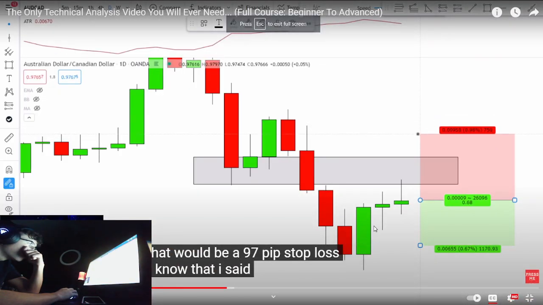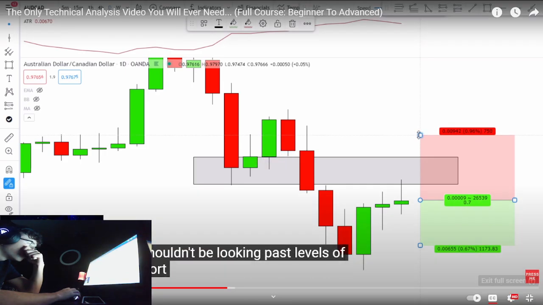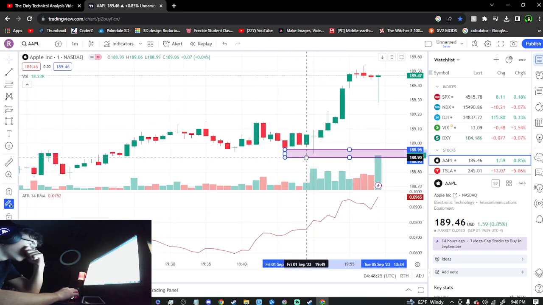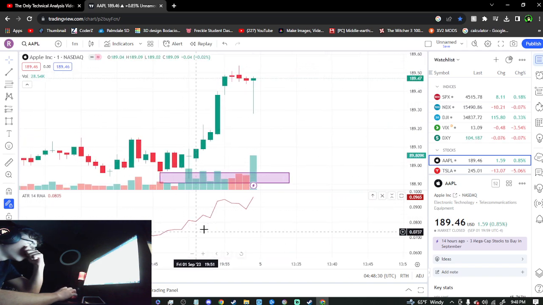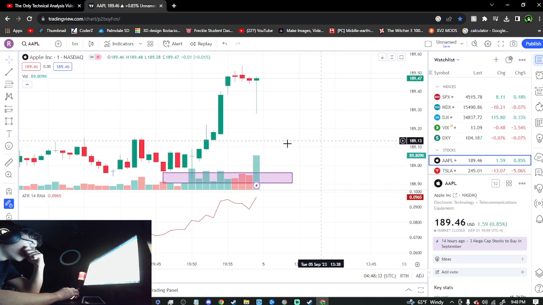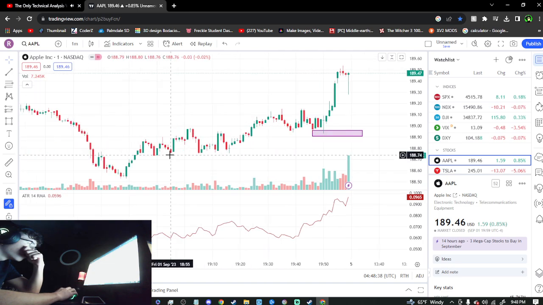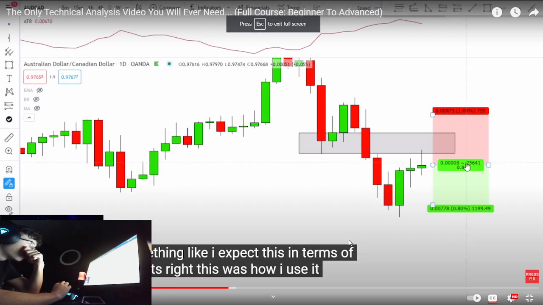Now I know that I said we shouldn't be looking past levels of support like this in order to take targets, but in this situation, let's just do it anyway. And with that being the case, I may say something like, I expect this in terms of targets, right? This was how I use it for stops.